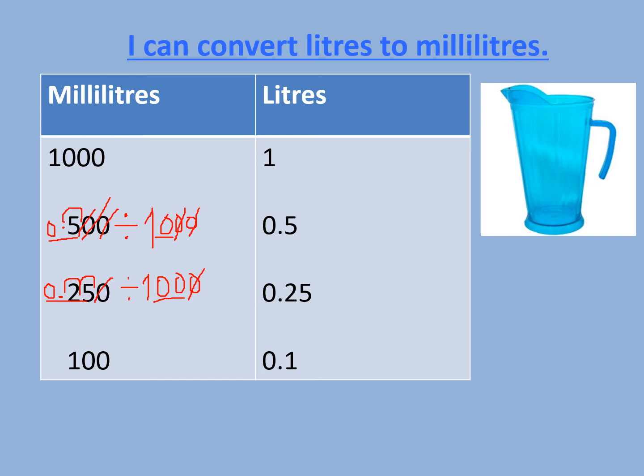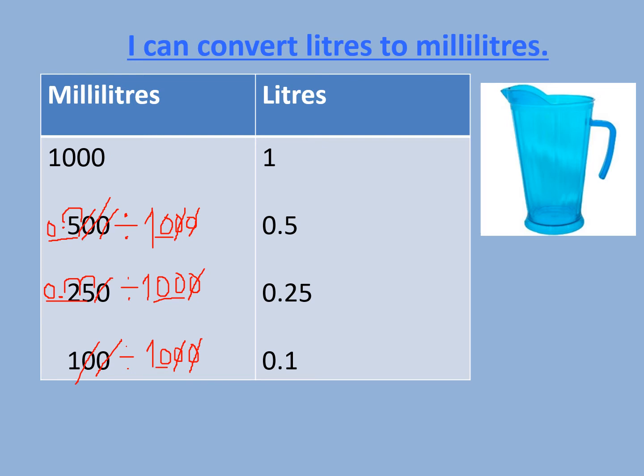Okay, so 100, we're going to divide 100 by what? By 1000. Good job. So 100 divided by 1000. Remember, we'll cancel a 0: 1 0 from 1000, 1 0 from 100. Another 0 from 1000, another 0 from 100.